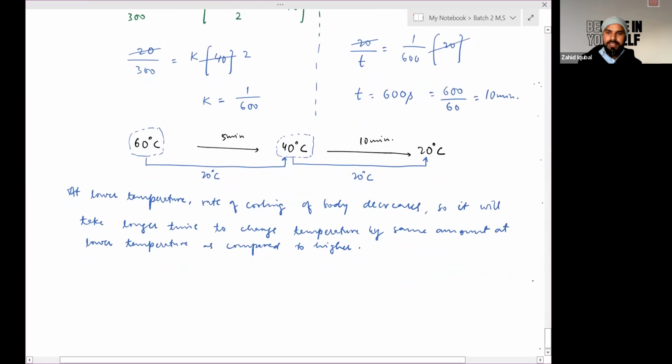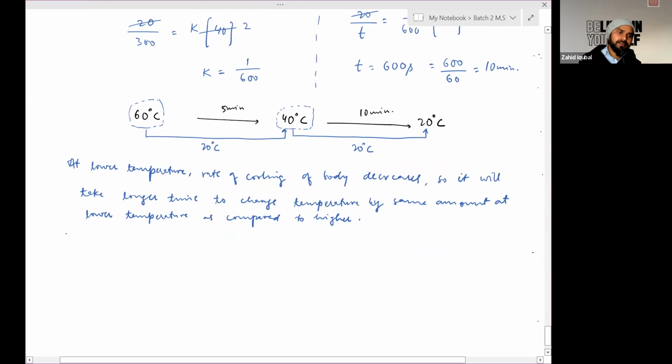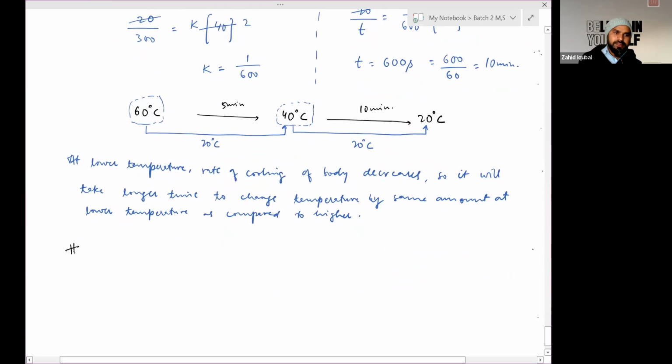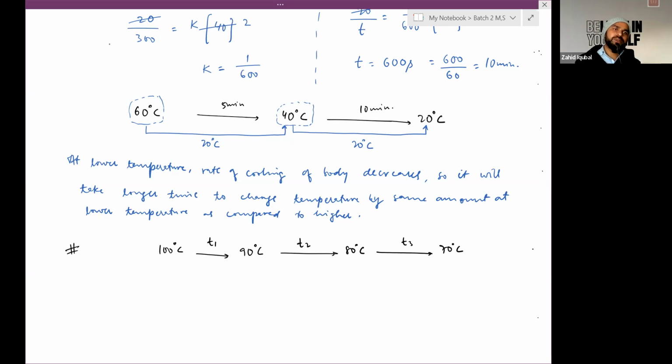Now there will be a question related to this part. Suppose you have a body initially at 100 degrees Celsius, changing to 90 degrees Celsius in time t1, further to 80 degrees Celsius in time t2, and further to 70 degrees Celsius in time t3. How will t1, t2, t3 be related to one another?